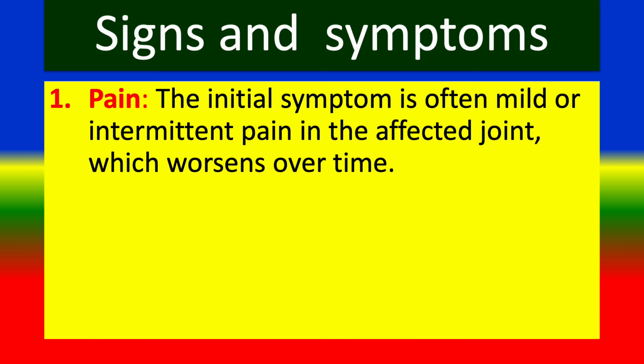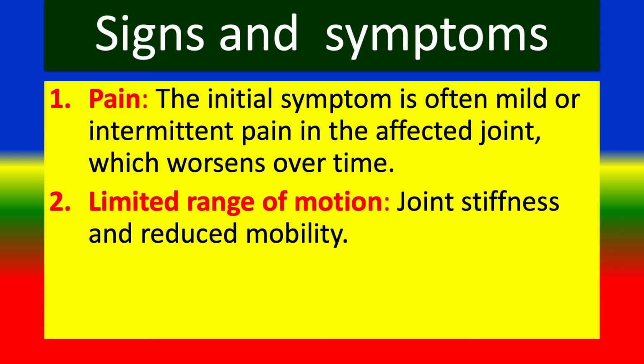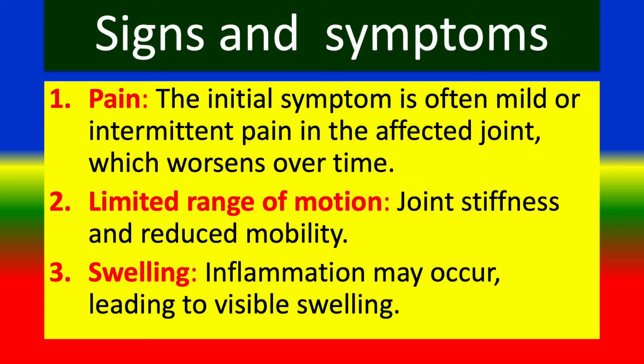Signs and symptoms. 1. Pain. The initial symptom is often mild or intermittent pain in the affected joint, which worsens over time. 2. Limited range of motion. Joint stiffness and reduced mobility. 3.